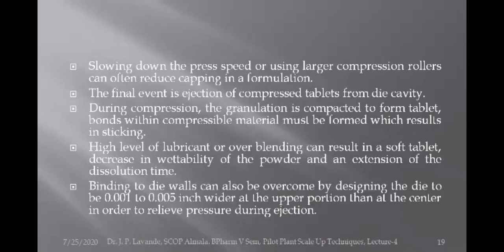If the diameter at the top is slightly increased, then when compression occurs, the space between the inner wall of the die cavity and the outer side of the punches allows easy ejection and easy escape of entrapped air.